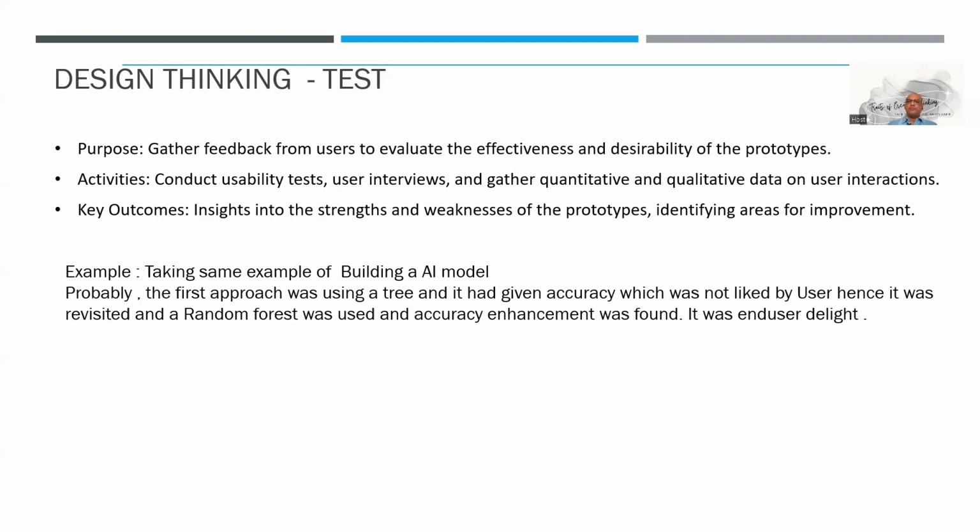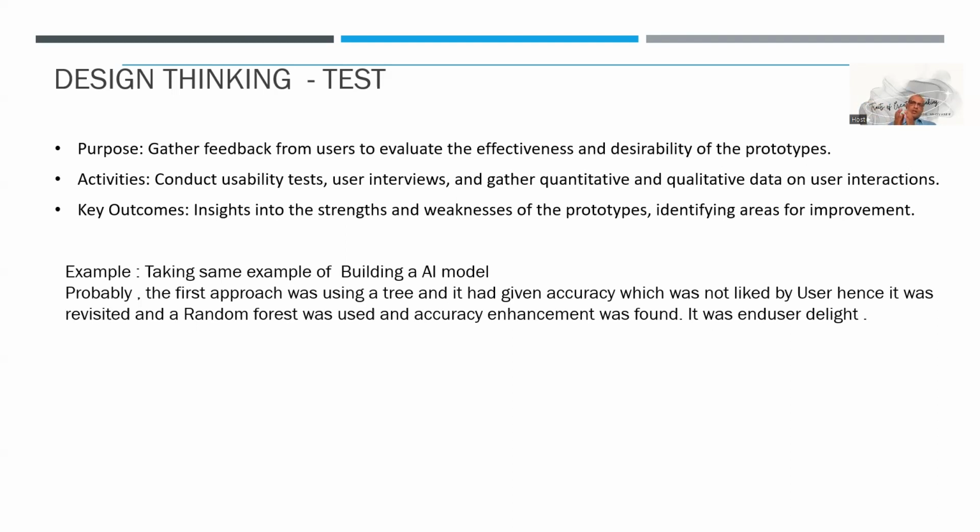Example, as discussed, taking the same example like AI. Say the first model which was built using a tree, and the accuracy it came up with was not liked by the end user.